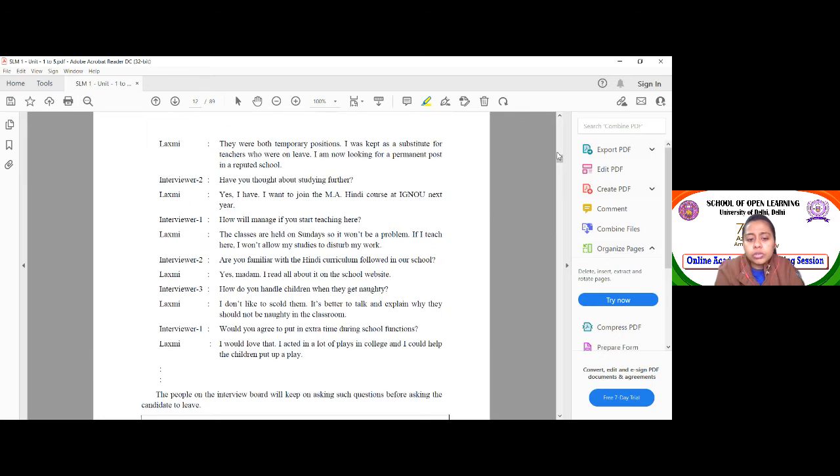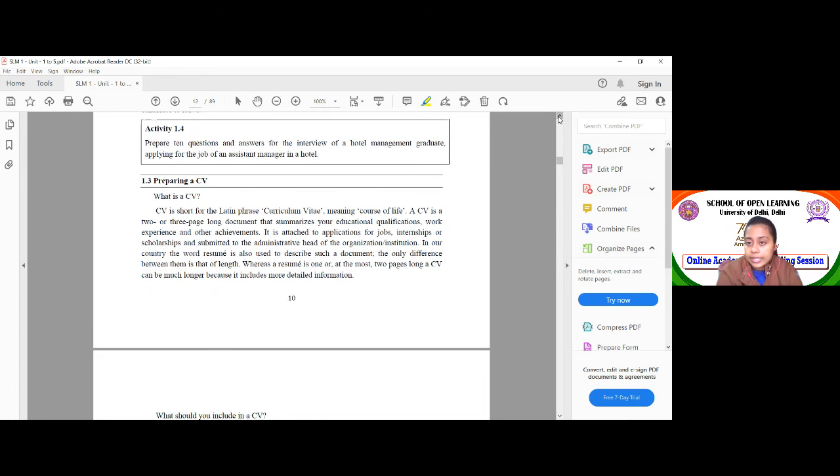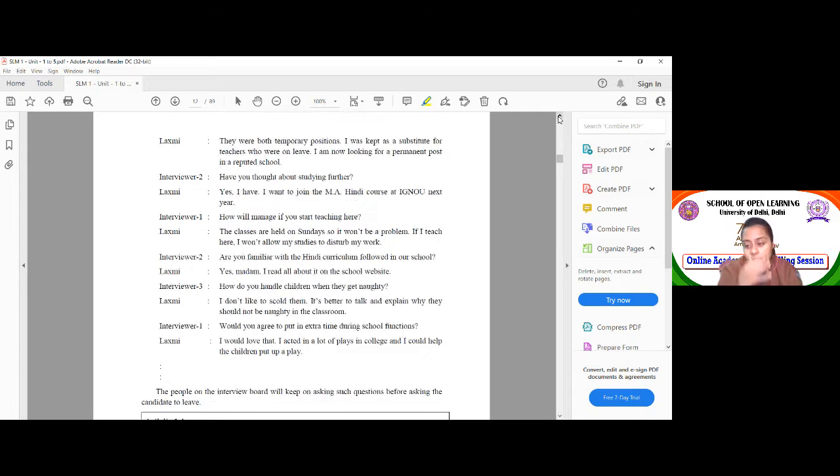And they have again given you another exercise, which again I think you should be doing, which is to prepare 10 questions and answers for the interview of a hotel management graduate applying for the job as an assistant manager in a hotel. So you will pretend to be this hotel management graduate as well as the person hiring the graduate. So you have two exercises that you can do.